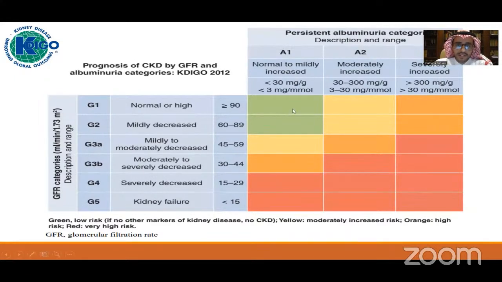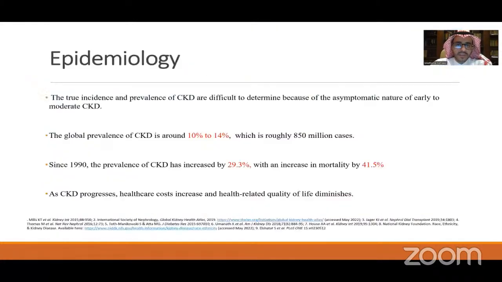As you can see here, the green indicates low risk, yellow moderate risk, orange is high risk, and red is very high risk. And as GFR declines and as albuminuria increases, the level of risk increases. And this is why we should know the stage, because this will help in the management, also in the prognosis for CKD progression or for the related adverse events, including cardiovascular disease.